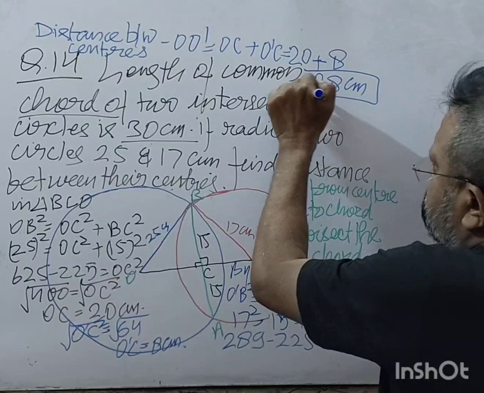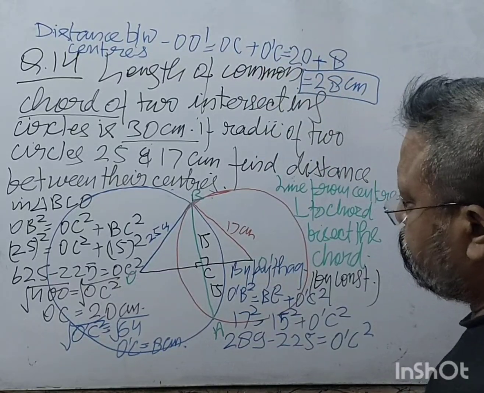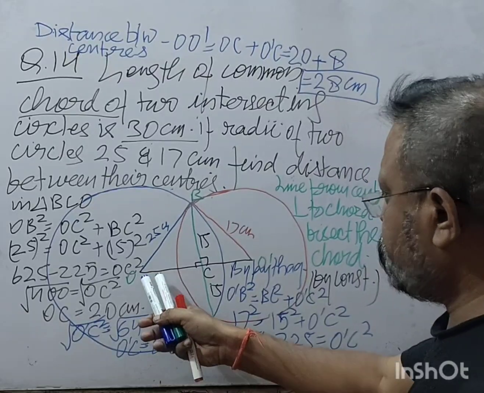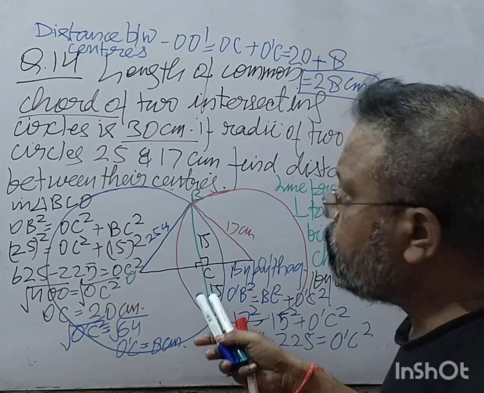What is your answer? So the distance between O and O dash is equal to 28 centimeter.